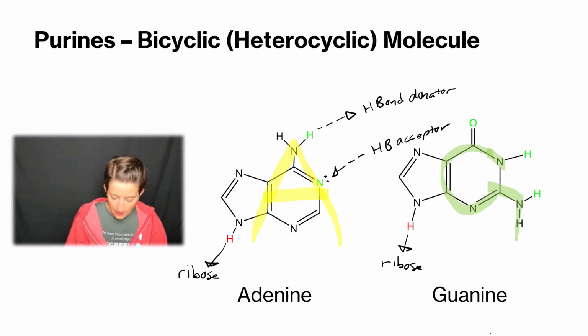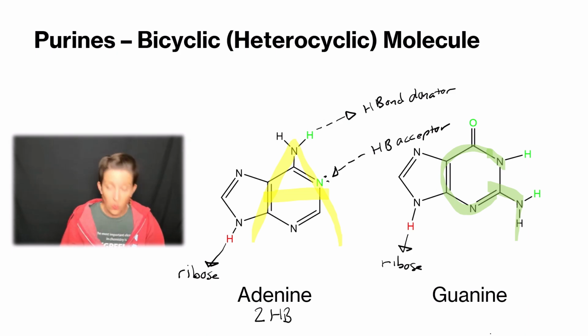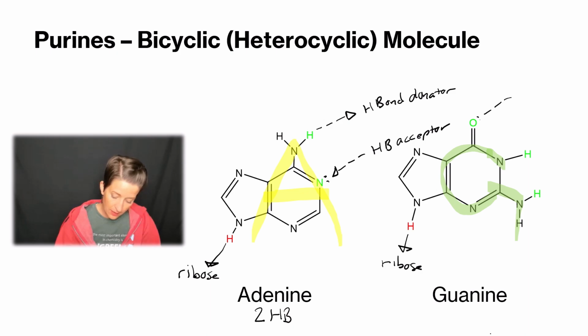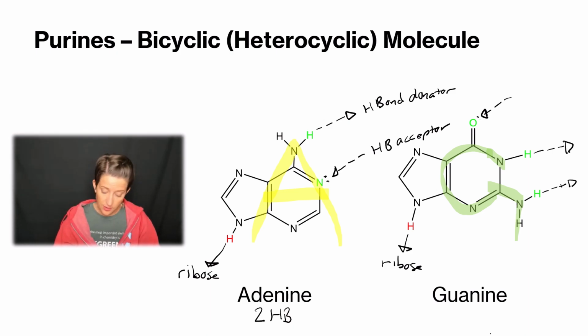Therefore, adenine makes two hydrogen bonds with its complementary base pair. Guanine has an oxygen. As we know, oxygens have those lone electron pairs, so it's going to have one hydrogen bond acceptor. And then it's going to have two hydrogen bond donators because we have two hydrogens directly bonded to that nitrogen. This means guanine will form three hydrogen bonds with its complementary base pair.